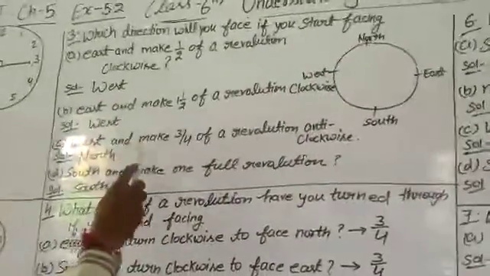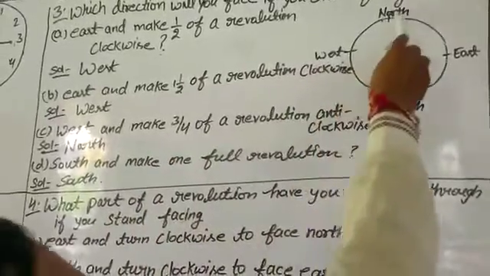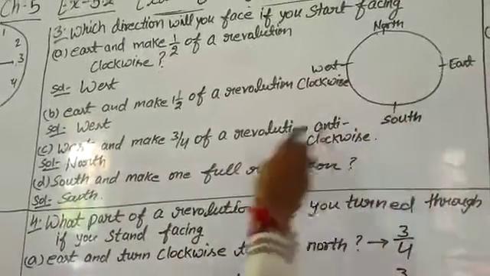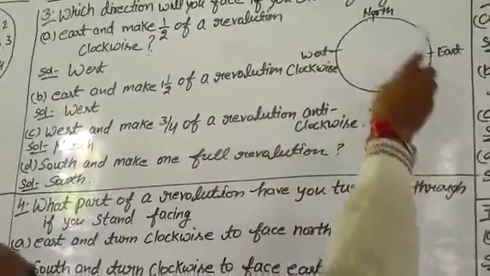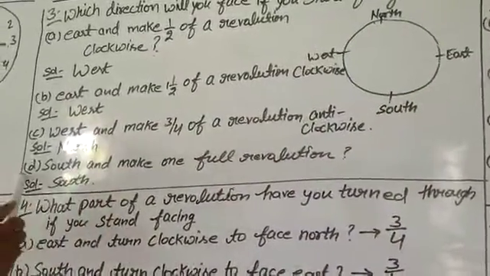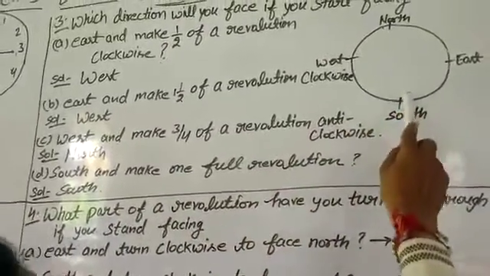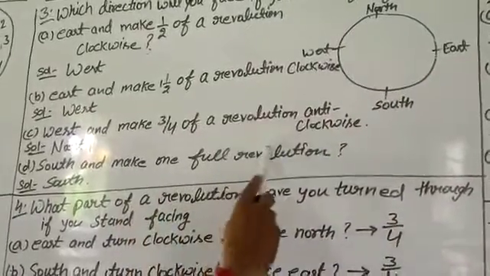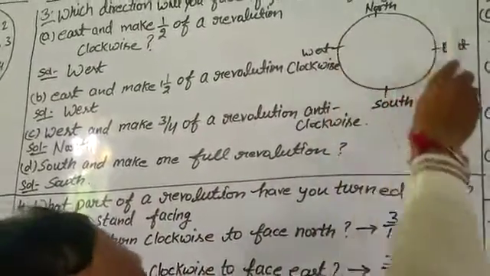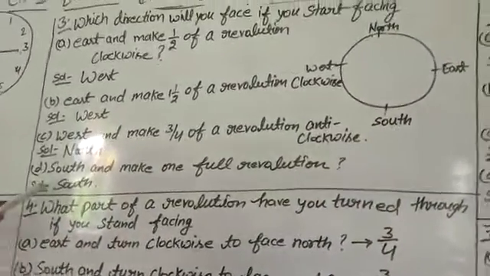Now C, start from west and make 3/4, 1 2 3, so south. D is start from south and make 1 full revolution. 1 full revolution means a complete round, so we end on south again.